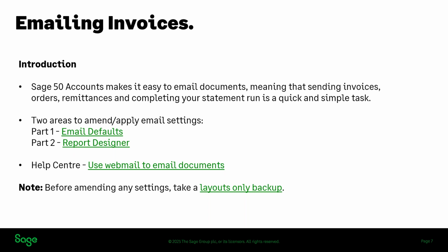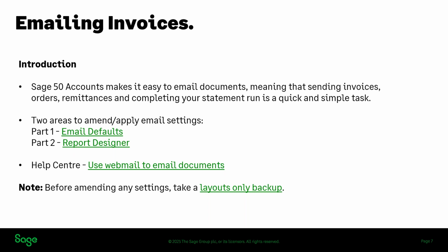Now, one thing I must stress, and I'm going to demonstrate this in just a moment, is that before you amend any settings of a layout or any of your reports, take a backup. Yes, you can do a file save as you're going through the various layouts, but if you make a complete mess of it and save your changes, the easiest way to undo what you've done is just to restore.